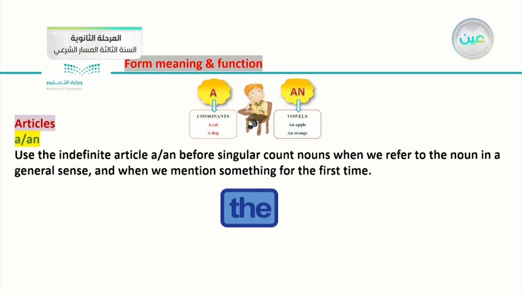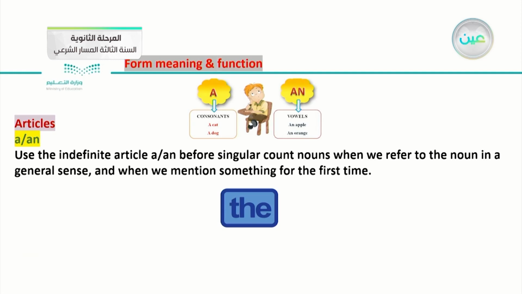So use the indefinite article a or an before singular count nouns when we refer to the noun in the general sense, and when we mention something for the first time. So if you mention something for the first time and you make sure that it is a singular count noun, we can use a suitable one of these articles, a or an.